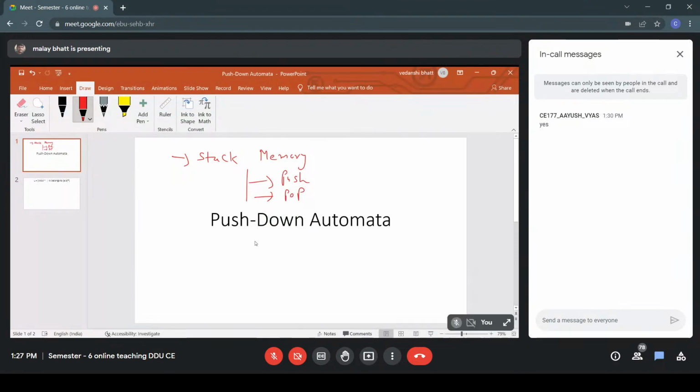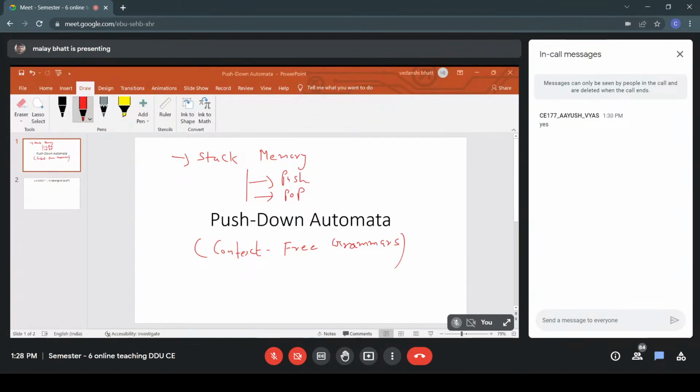When you consider this, we can solve any context free grammar, or we can say languages. So our goal is to handle any context free grammar using pushdown automata, using a special memory known as a stack, which supports two operations, push and pop.